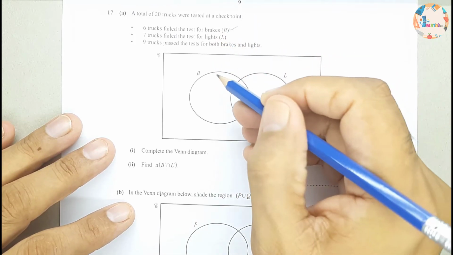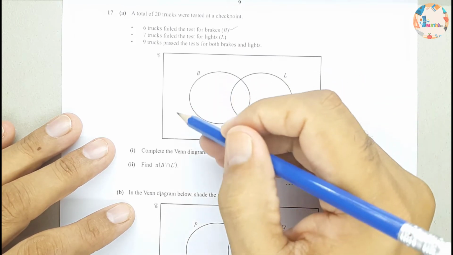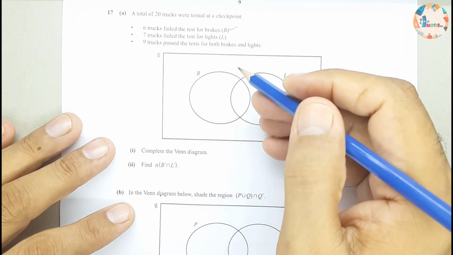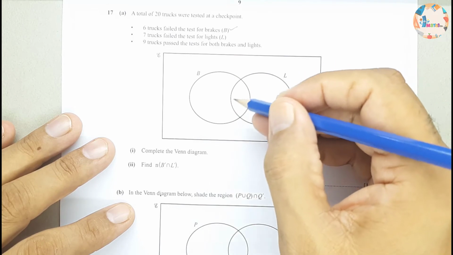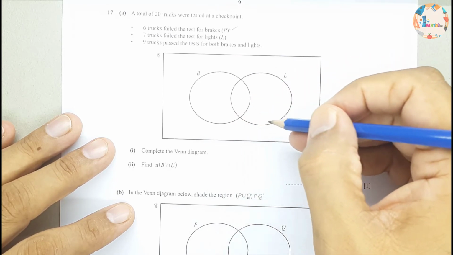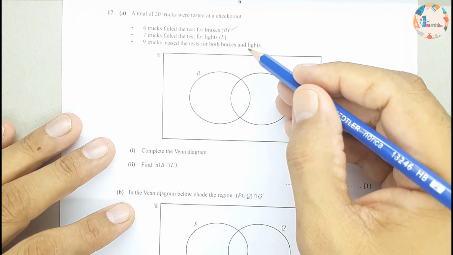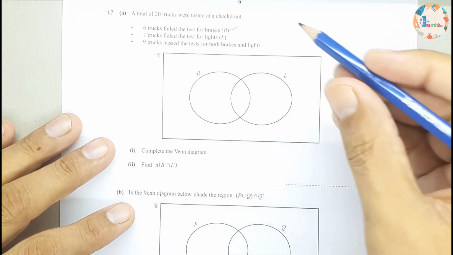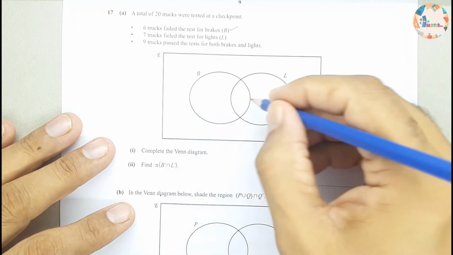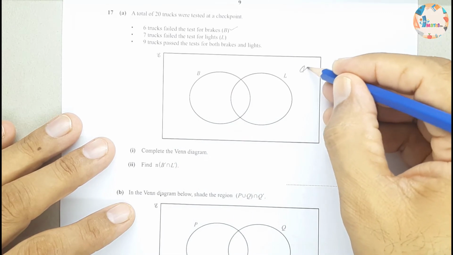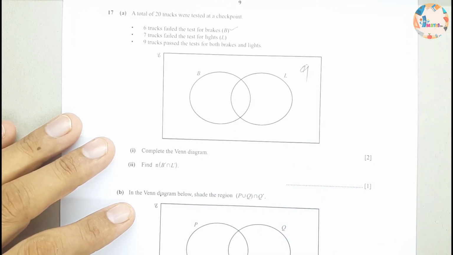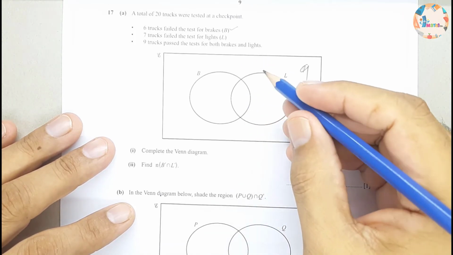Brakes is this portion. 7 trucks failed the lights section, and 9 trucks passed the test for both brakes and lights. So 9 are not in these two categories, so we can write 9 outside. Remaining will be 11 trucks.